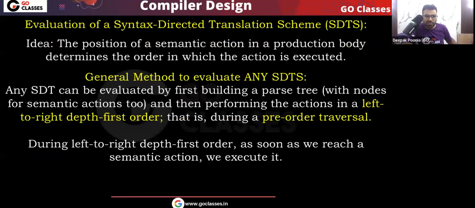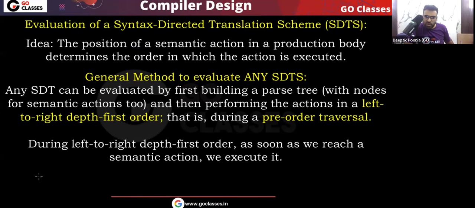Now let's see how to evaluate SDT. If a syntax directed translation scheme is given to you, how do you evaluate or execute it? The idea is very simple: the position of semantic actions in the production body determines the order in which the actions are executed.